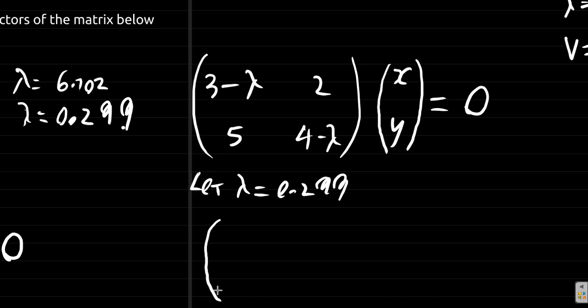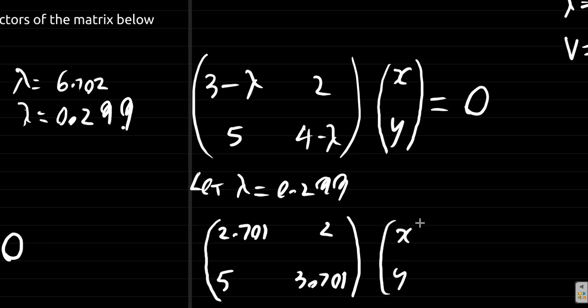So this would be 3 minus 0.299. So what we would have is 2.701. And we have 2, then we have 5, then we have 4 minus lambda, which is 4 minus 0.299, gives us 3.701, right? 3.701, x, y equal 0, 0.